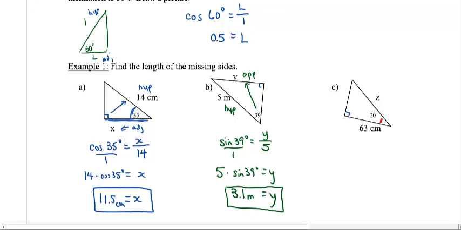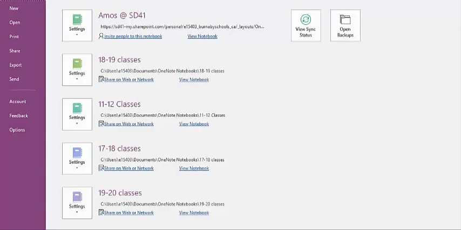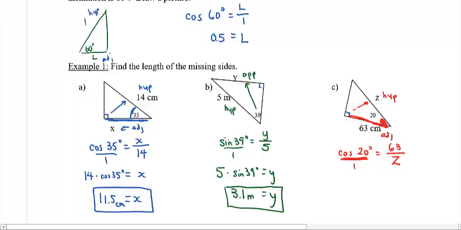Those of you still here with me, here's my angle. Z is across from the 90-degree side, so that's my hypotenuse. The 63 is next to the angle, that must be my adjacent side. So I'm thinking cosine of 20 degrees equals adjacent, which is 63, divided by the hypotenuse, which is Z. This is the one we have to be a little bit more careful with when we cross multiply, because Z times cosine of 20 degrees is equal to 63.